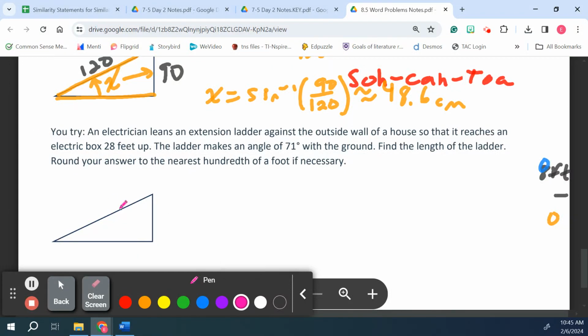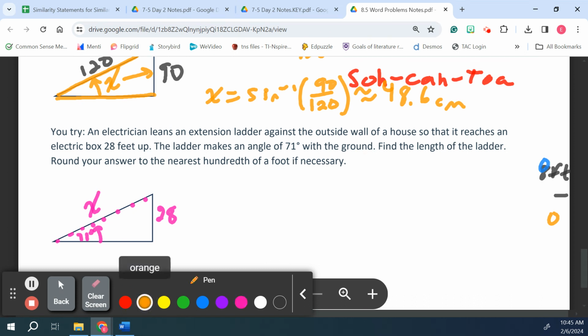So if we line this up, remember they're telling us that the electric box is 28 feet up. They're saying that the ladder makes an angle of 71 degrees. So if this is our ladder, this is our 71 degrees. And they want us to solve for x.